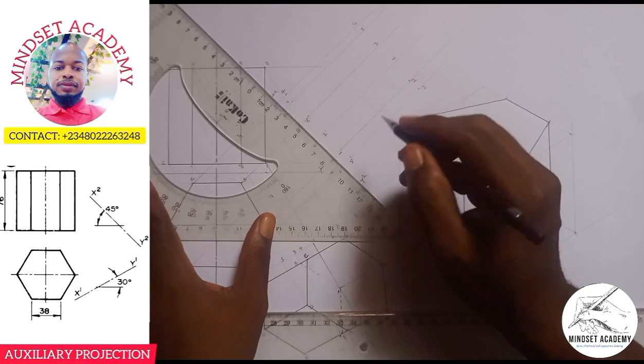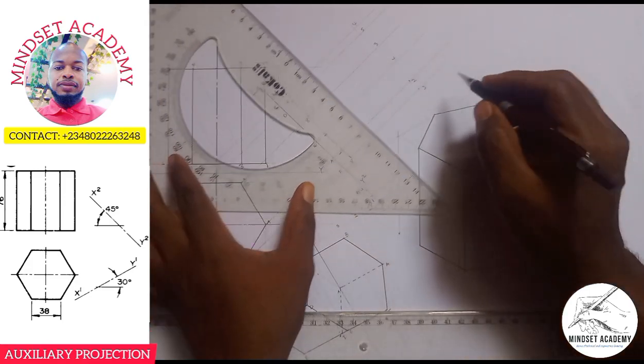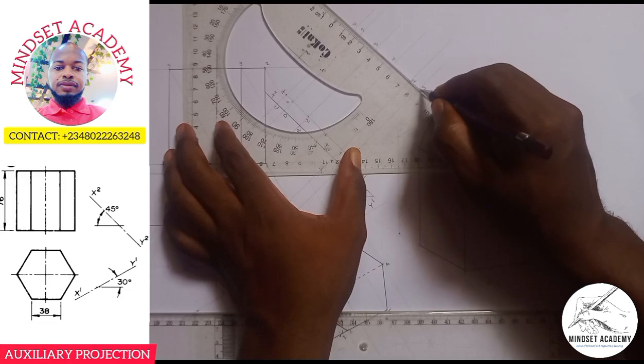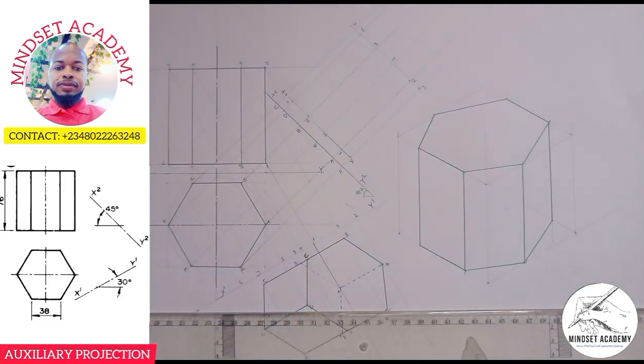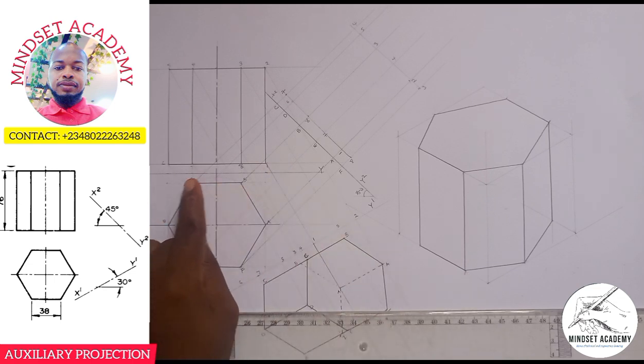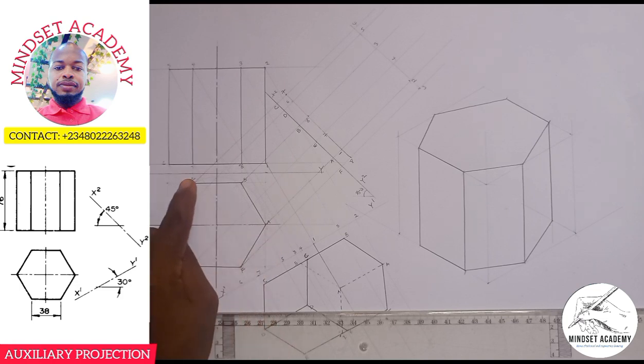So I can just use my line first of all, and I'll bring this together. I'll come here too, and I'll bring this together first. So first of all, you are coming from this direction here. You're coming like this, you will not see C, B, A. You're not going to see this point.